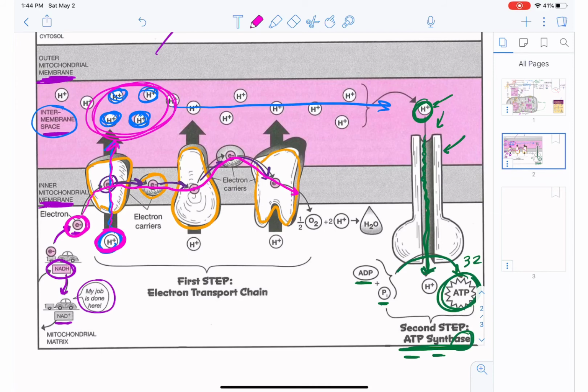We have potential energy in the intermembrane space. What's that hydrogen going to do? It's going to pass down through the ATP synthase enzyme, which is going to give that enzyme energy, and it's going to use that energy to convert ADP and a free phosphate to adenosine triphosphate. And that's the whole goal. Now we're making ATP.